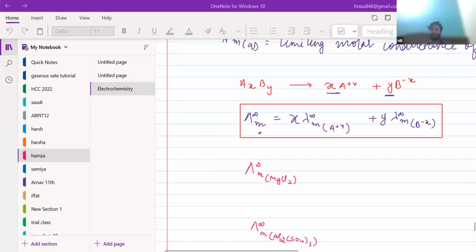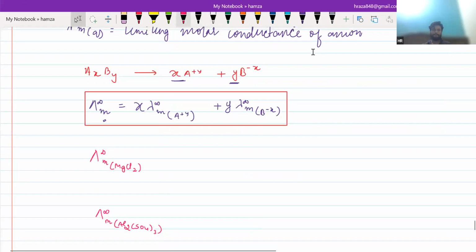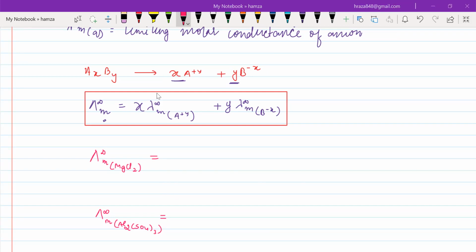Sometimes it just stops working. Can you write the value of this? Yes or no? Just answer me. Hamza and Sneha. Yes. Okay, please try both of you and let me know if you got any answer and if you have got any trouble.